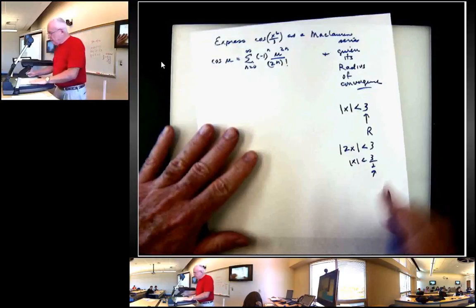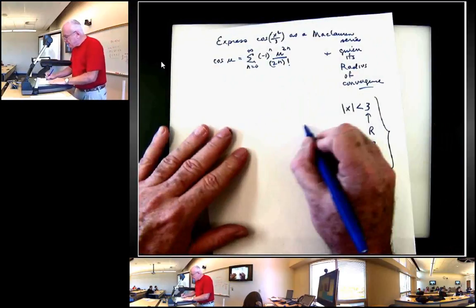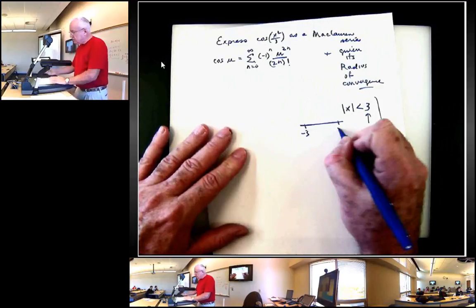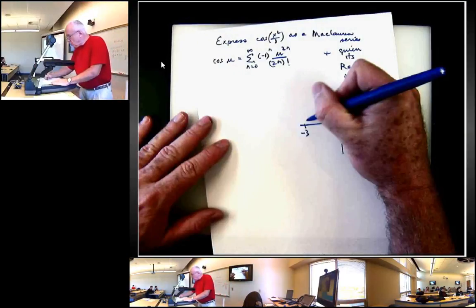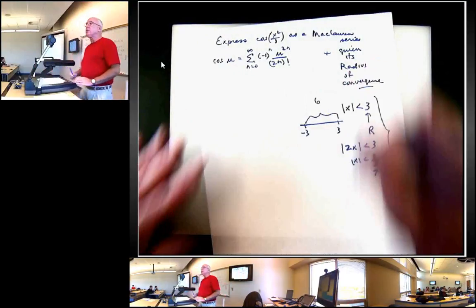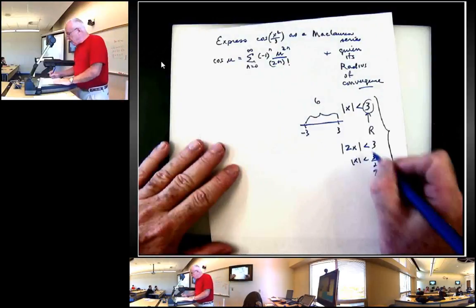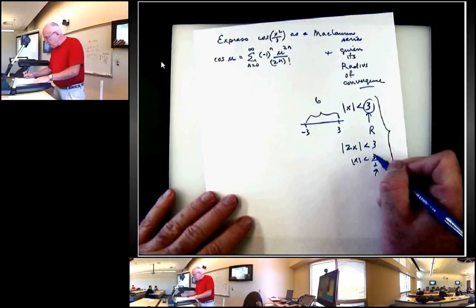So it's basically half of the length of the interval. Absolute value of x less than 3 is all the values between minus 3 and plus 3. This has a length of 6, and the radius is half of that. So the radius is 3. The other one also ends up having a radius of 3/2.